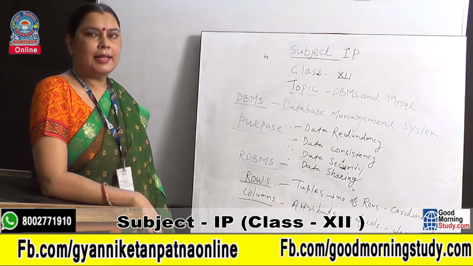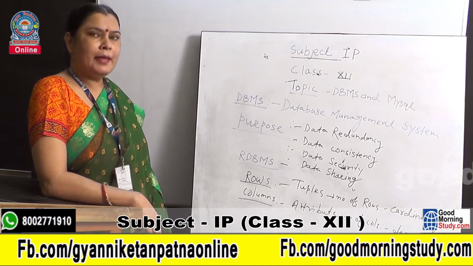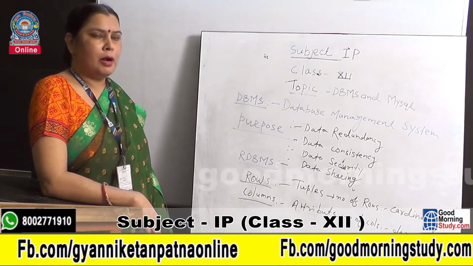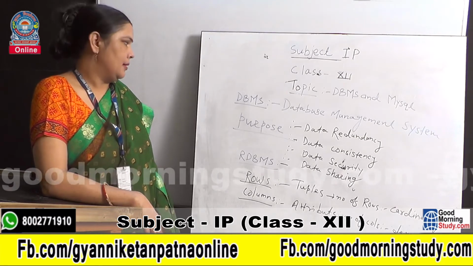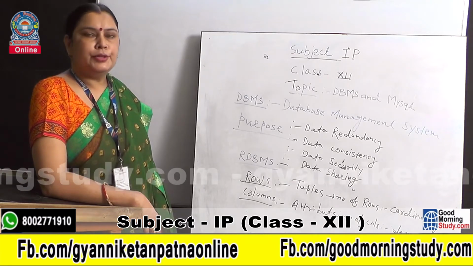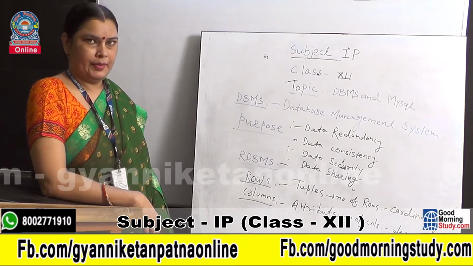Database means a collection of interrelated data, and DBMS is software used to store a large amount of data that can be easily accessed. The purpose of DBMS is to reduce data redundancy.